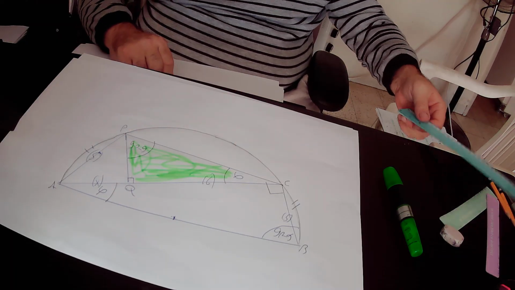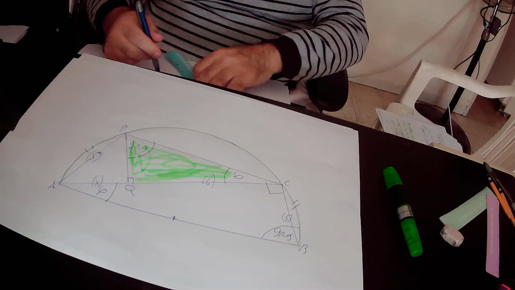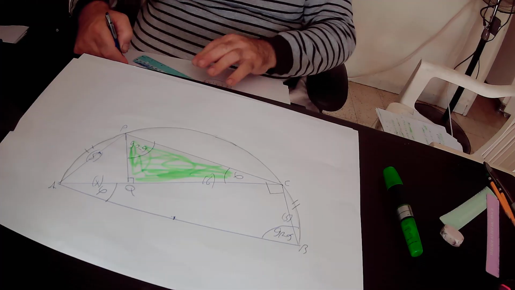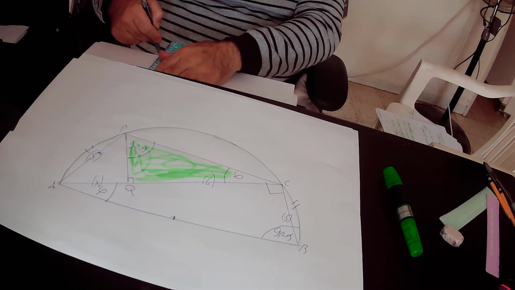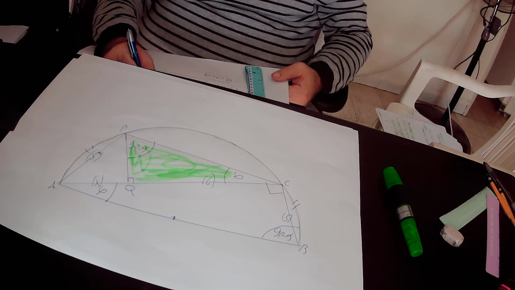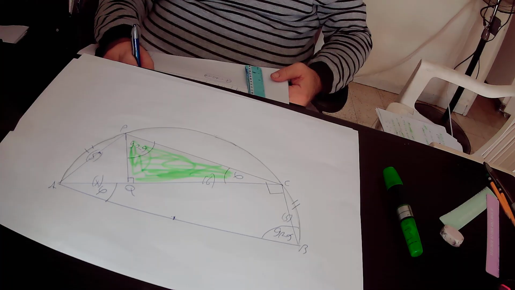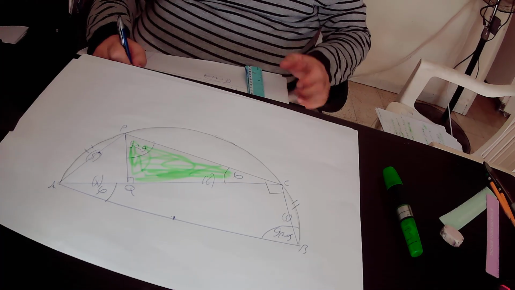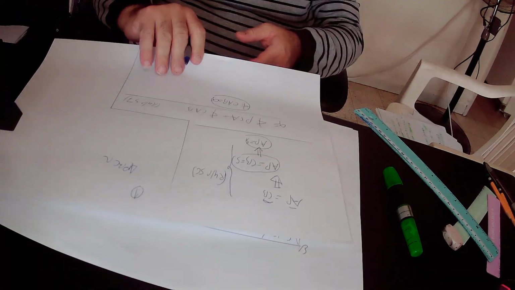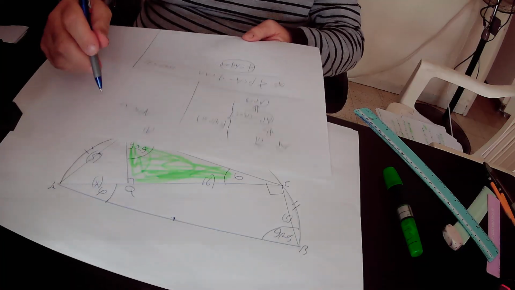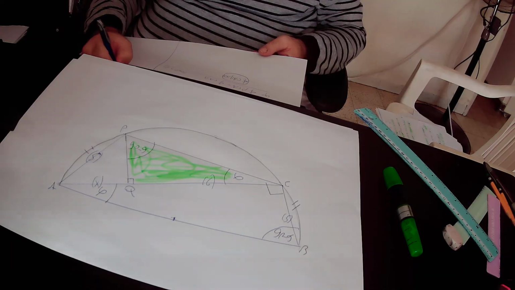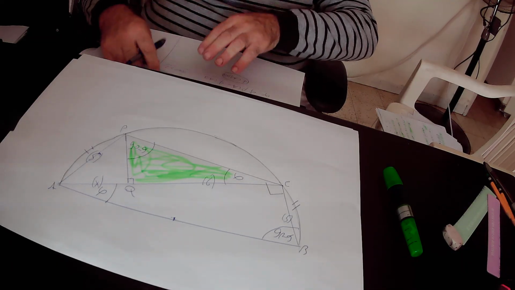So write it down: we prove that this right triangle PQC is similar to this lower right triangle ABC, according to the angle similarity rule.